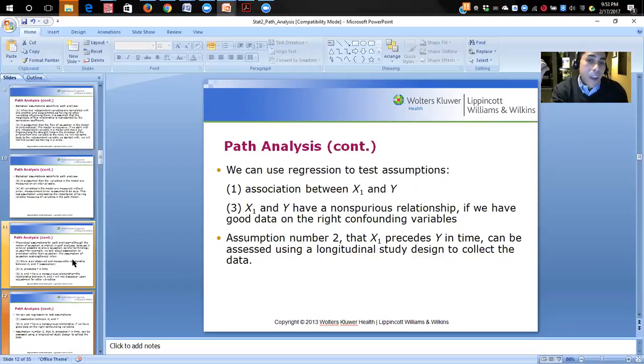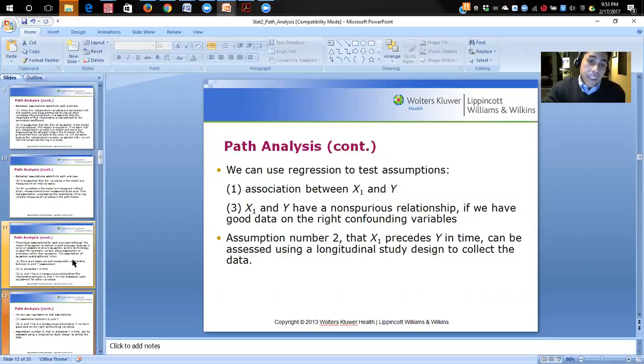And when you require temporal ordering, it requires a longitudinal research study design, which means that you have to conduct a study, whether it's a 3-month period study, a 6-month period study, or a 1-year period study, and you collect data at several time points.